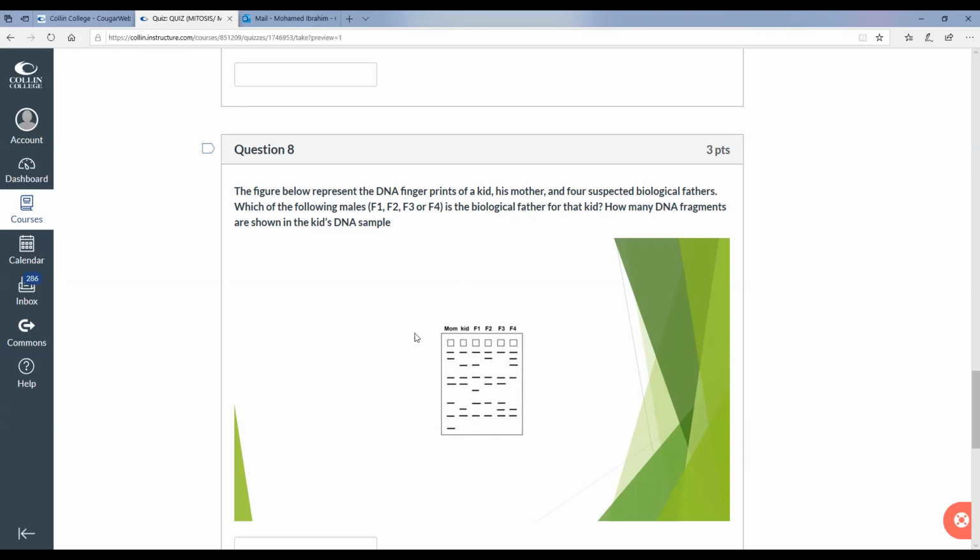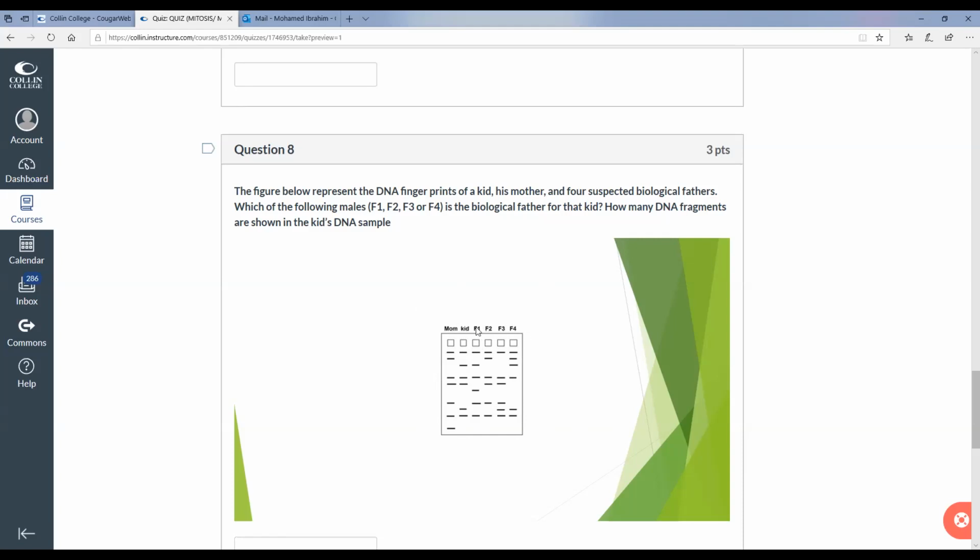Okay, so now when you see a picture like this, it will ask you, like, here, this is DNA from the mother, this is DNA from a kid, and those are DNA from different males, and we need to assign the kid to one of those males, okay?